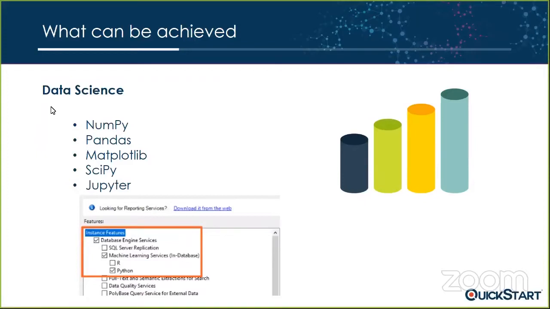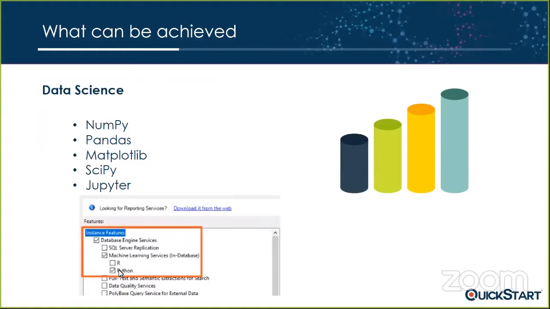I was installing SQL Server 2017 a few days back, and I noticed one thing. For machine learning, we had the R language, but now in SQL Server 2017, you will find Python as well. So you can once again imagine the use of Python when it comes to machine learning.